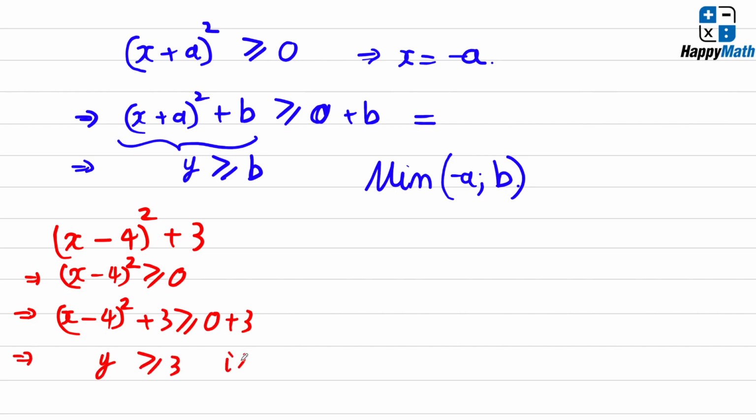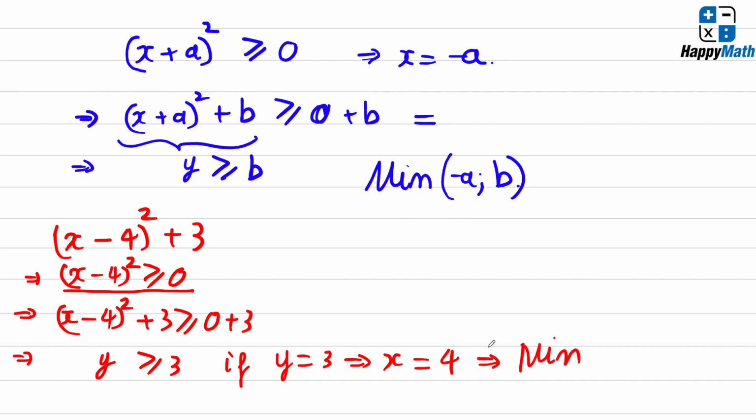So if y equals 3, you will have x equal to 4. Because when x equals 4, this one will become an equation equal to 0. So that's why I get the minimum point.